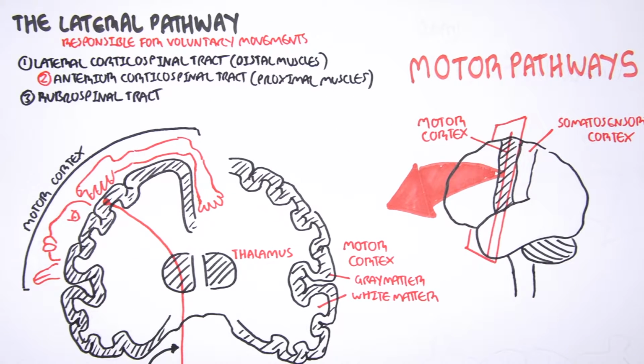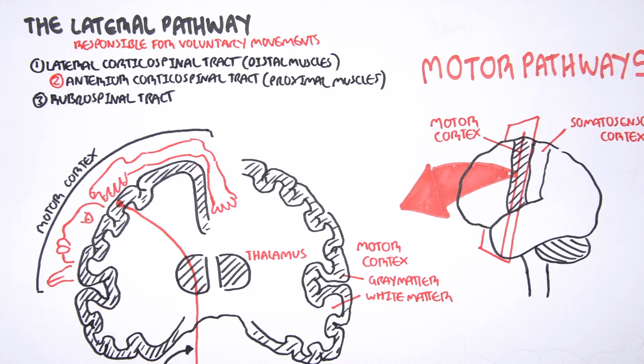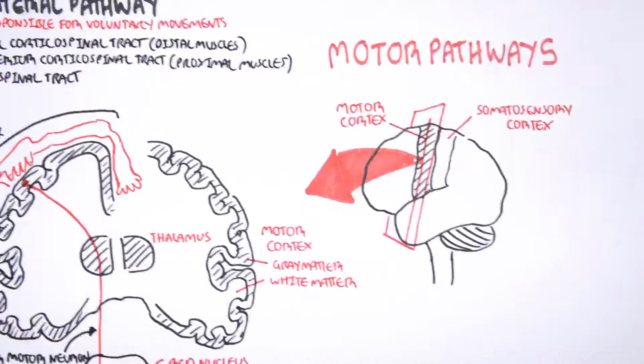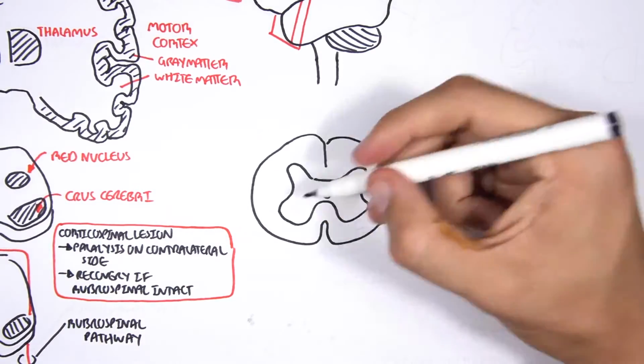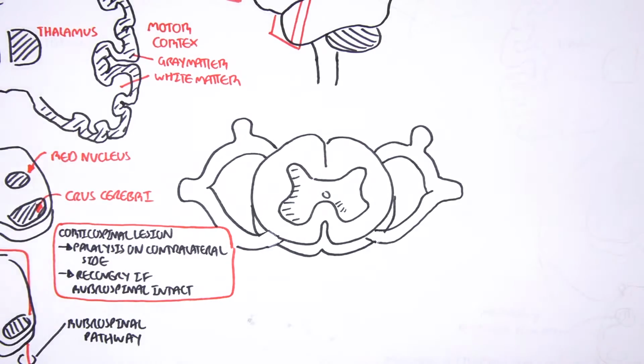So I hope you understood the lateral pathways, which are made up of the lateral corticospinal tract and the rubrospinal tract, but we also added onto this section the anterior corticospinal tract because it is voluntary control. But now let's just recap the descending motor tracts that we've learned, where it's located, and some of the new ones.